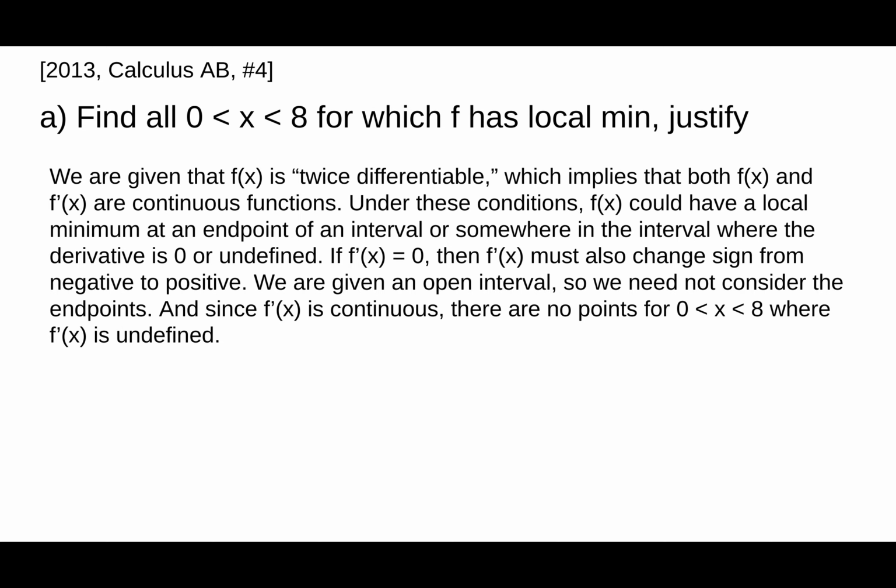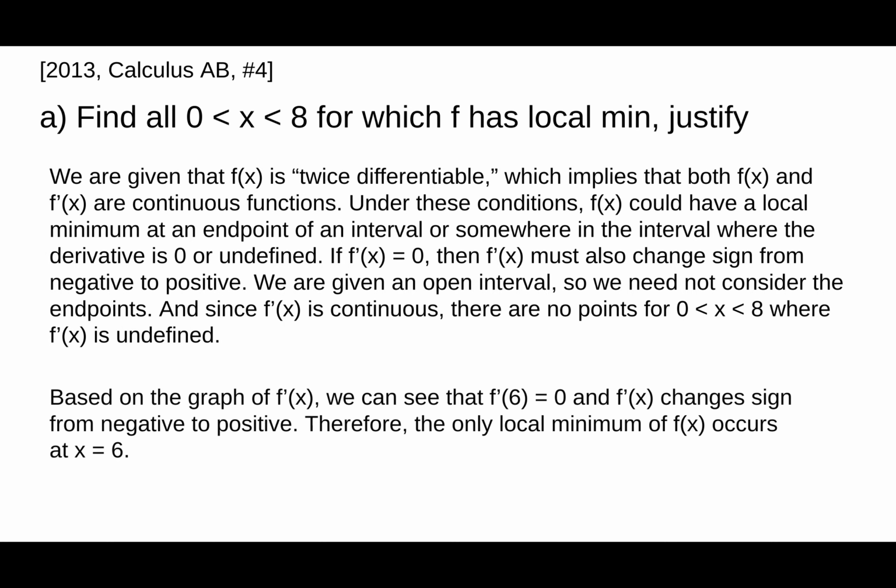We're also given an open interval, so we don't need to consider the endpoints. We don't need to consider 0 or 8. And since f prime is continuous, we know that there's not going to be any points in that interval from 0 to 8 where the derivative is undefined.